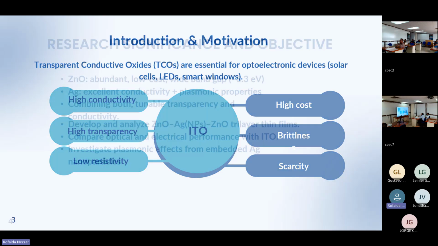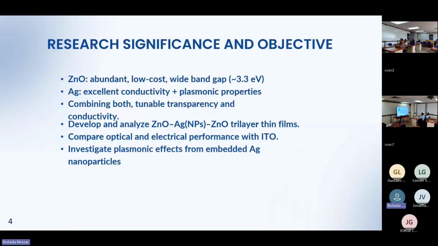So the significance of zinc oxide here is that it's abundant, it's non-toxic, and also transparent with a wide band gap. And if we introduce a very thin layer of silver, we can drastically enhance the electrical conductivity while also maintaining a reasonable amount of transparency.